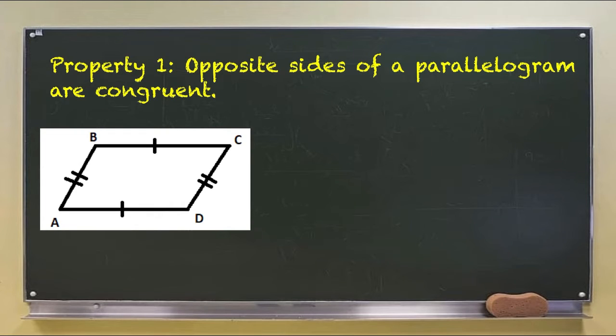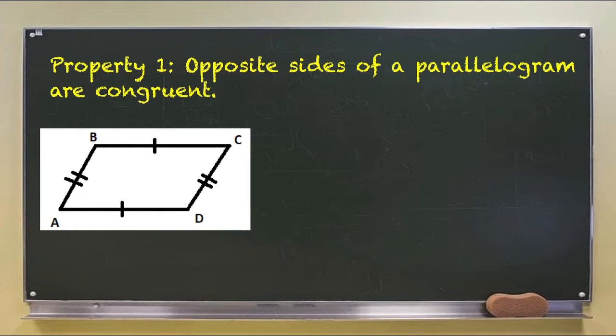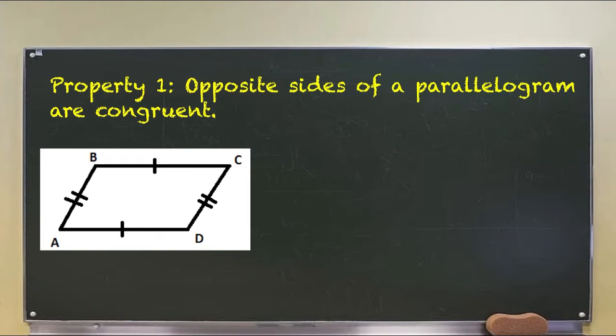Kung makikita natin dito sa picture na to, may tick mark yung bawat isang side. Ang AB at CD ay congruent. Ang BC, so isusulat natin yon. AD, ang BC ay congruent sa AD.